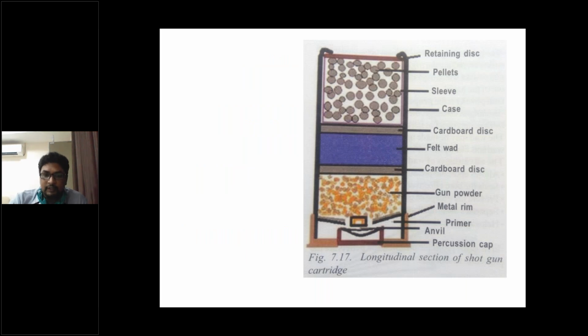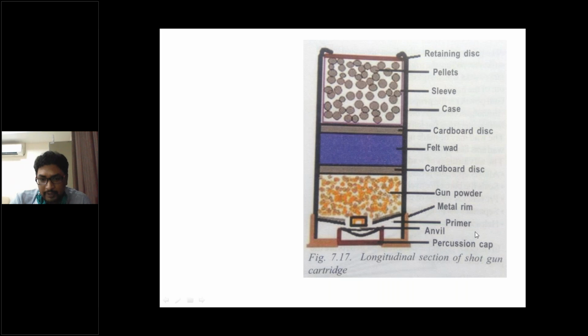Again, this is the anatomy. This is the internal view of the cartridge used in a smoothbore firearm. There is a cartridge case, and then we have the percussion cap at the base. The anvil is nothing but an indentation present at the primer region and at the opening vent.